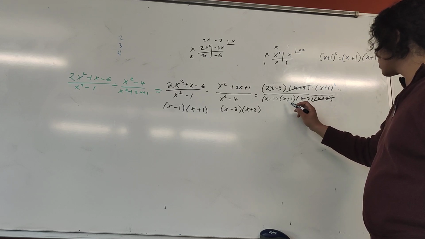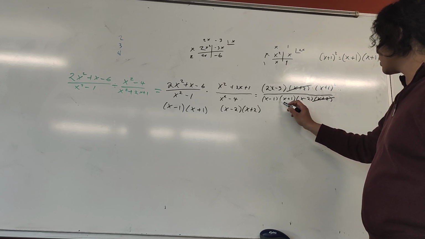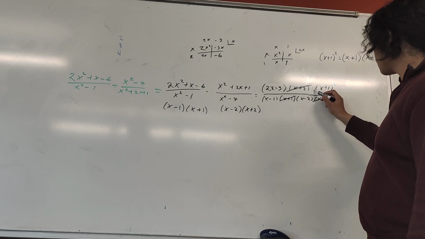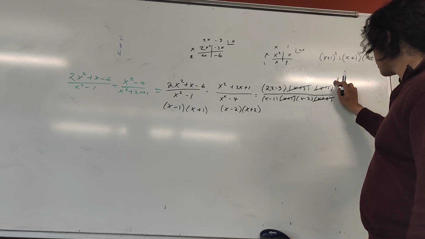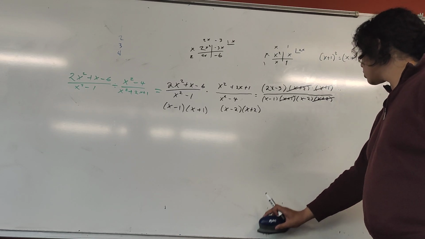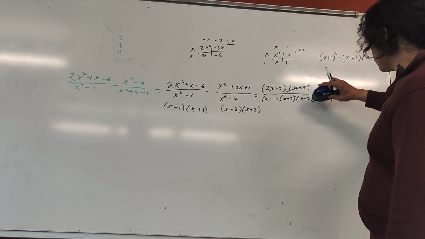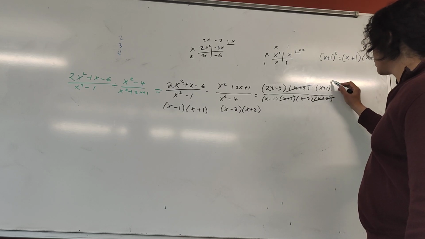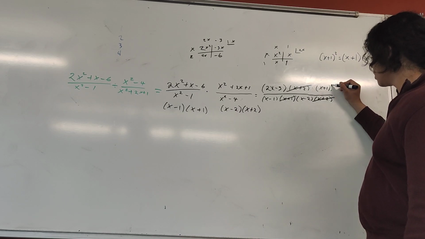And here we have x plus 1. We're gonna cross out one of these, and we're gonna be left just 1. Well, I don't know why I crossed it out, but yeah, the idea was there, crossing out one of them. So we're just left with 1, not 2.